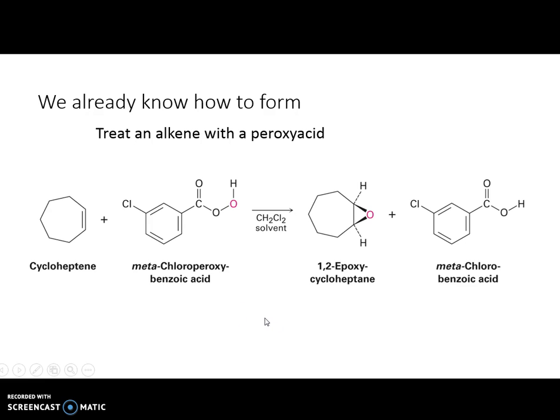We know how to form epoxides. Last semester we learned that we could take alkenes and treat them with MCPBA, or any peroxy acid would do the same thing.